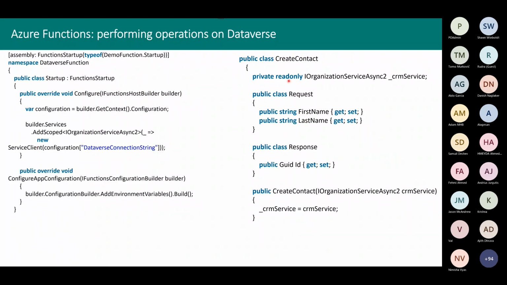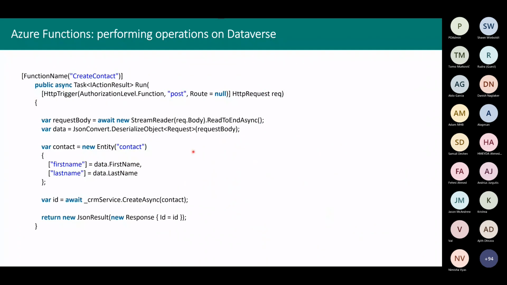And then I am creating a class that contains the first name, the last name of the contact that I want to create. And then you can call it directly from the Azure Function. This is the create contact Azure Function that can create a JSON object.